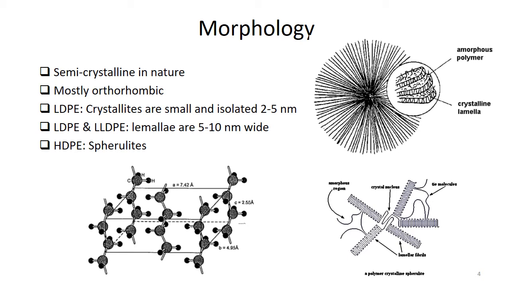They arrange themselves in an orientation where, if you see the cross section, the lamellae are arranged perpendicular to the direction of the original fibers.